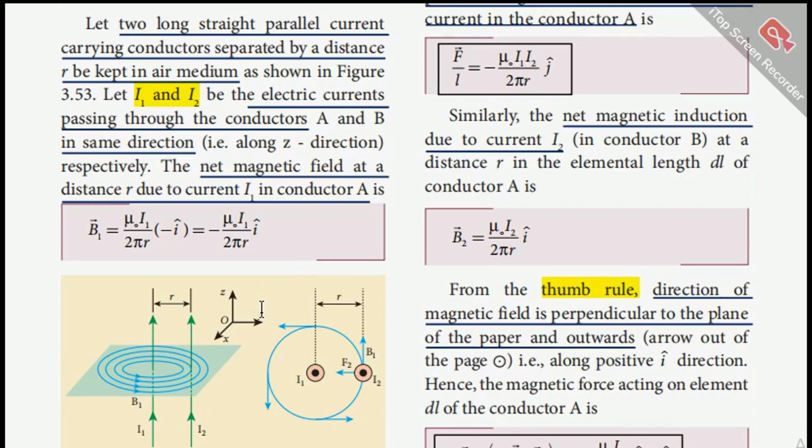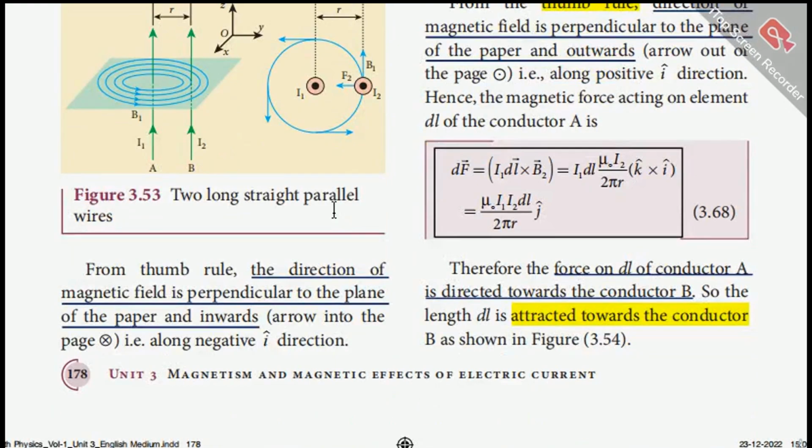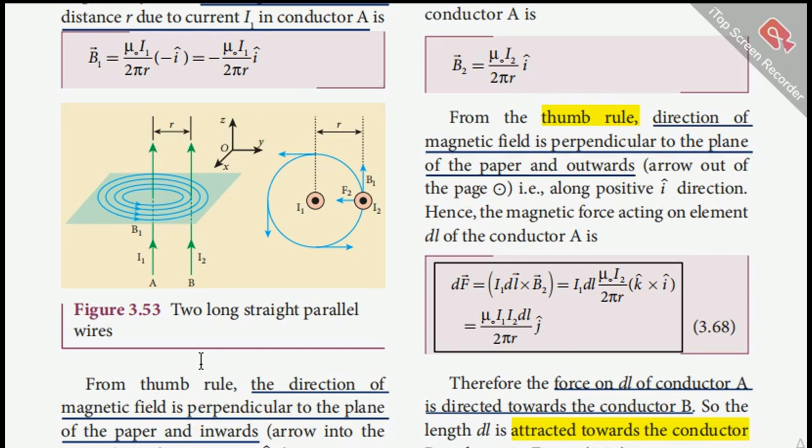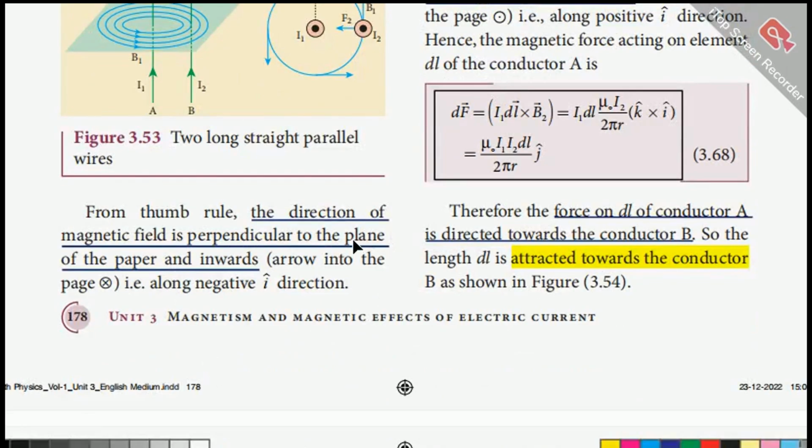The magnetic field at distance r due to the current I1 in conductor A is given by B1 equal to minus mu naught I1 by 2 pi r into i unit vector. From the thumb rule, the direction of the magnetic field is perpendicular to the plane of the paper and inwards, that is along the negative i direction.